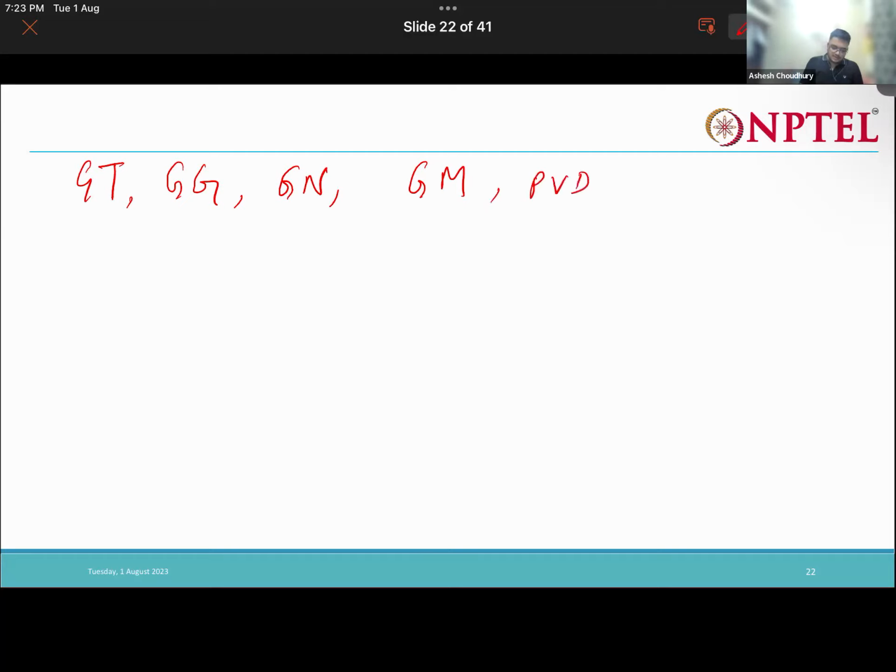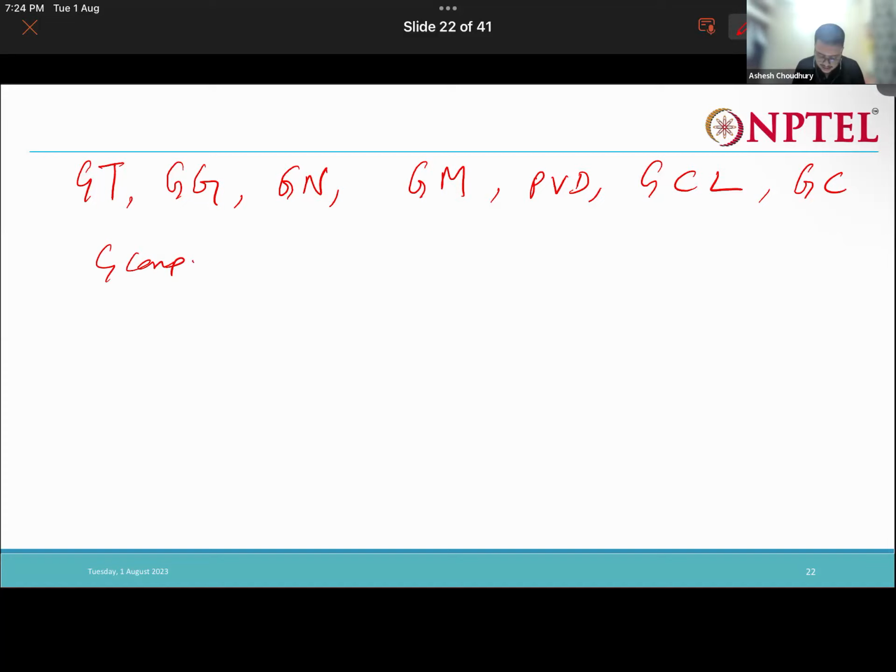Then we have PVD, geosynthetic clay liners, geocells, and also geocomposites. Geocomposites are nothing but geosynthetic material formed with the help of more than one kind of geosynthetic material.